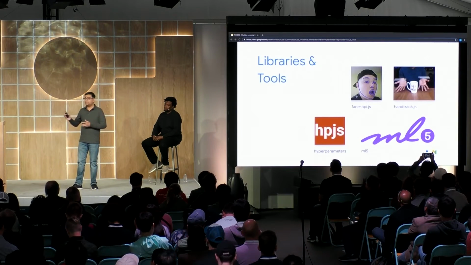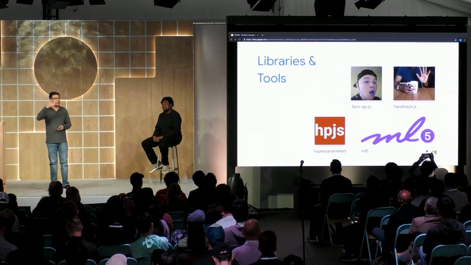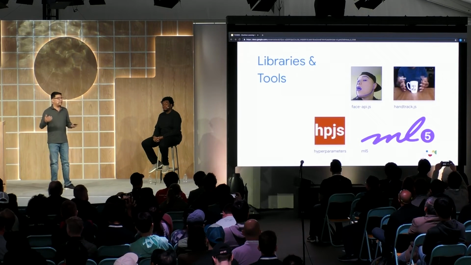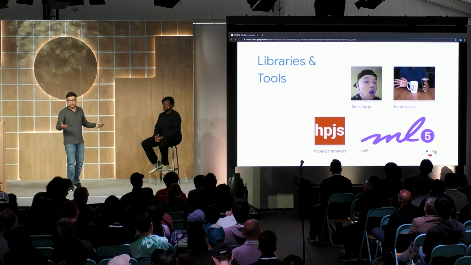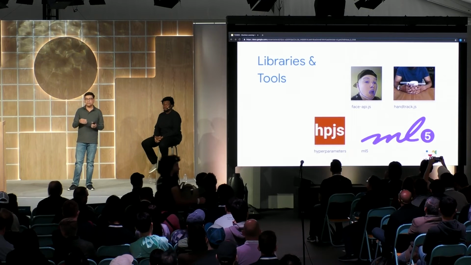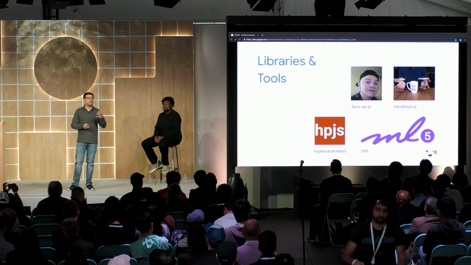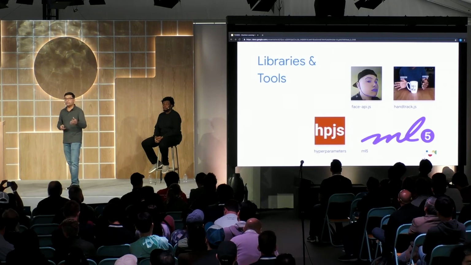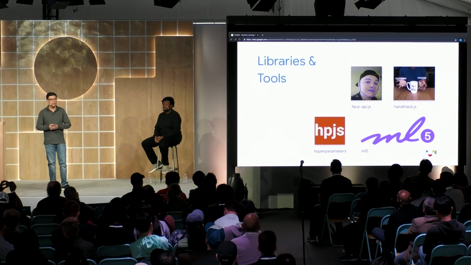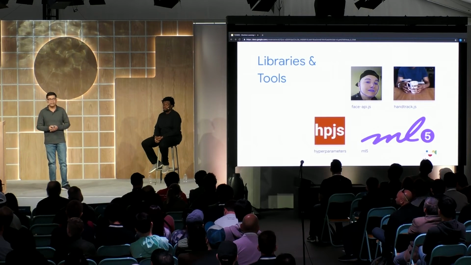We also have a bunch of developers who are building add-on libraries as extensions on top of TensorFlow.js. And these are extending TensorFlow.js in very useful ways for libraries that let you track hand gestures, or facial movement and facial gestures, or also do more things like hyperparameter tuning of machine learning models, etc. So there are a bunch of these resources also available on our website.